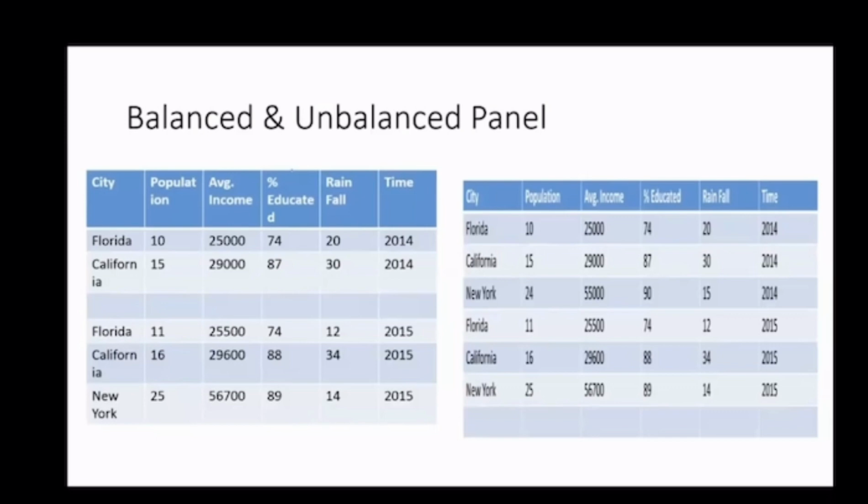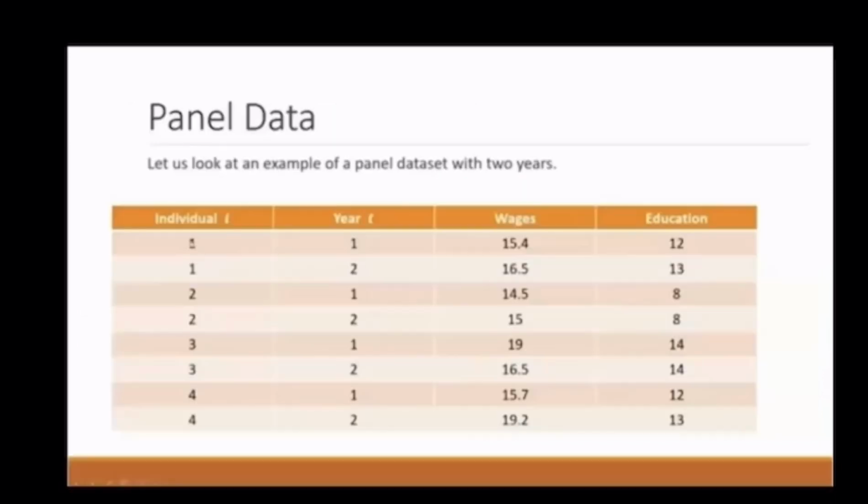Now I want to move away from this example and go to another example. It's very, very interesting. I need you to pay attention now. So let's look at this example. We collected the wages and the years of education of individuals at two different time points.